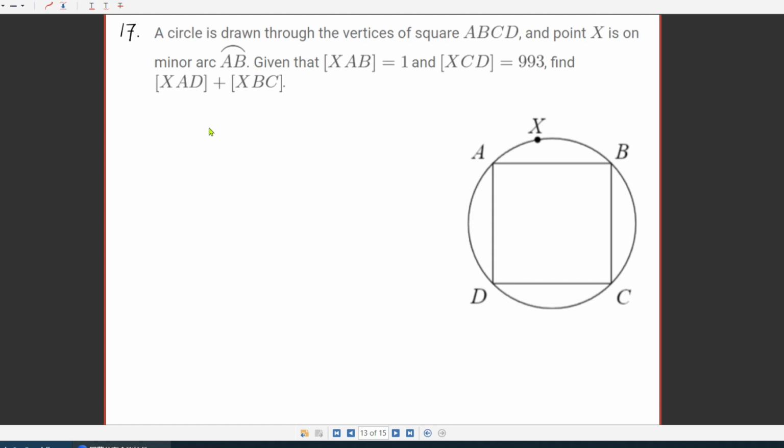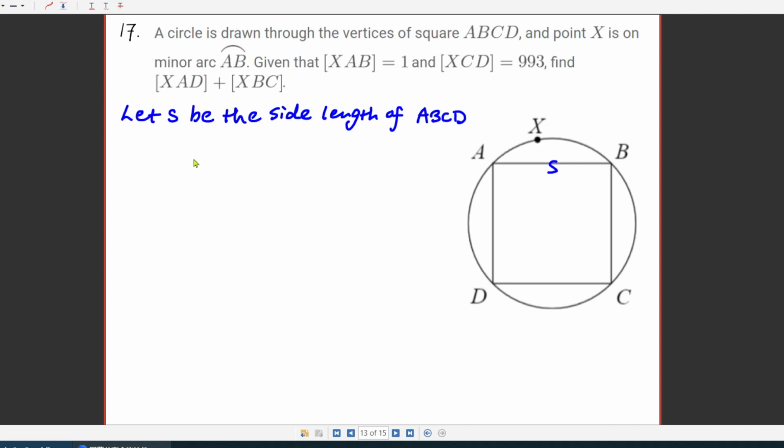Okay, we can let S be the side length of ABCD. And ABCD is a square, right?